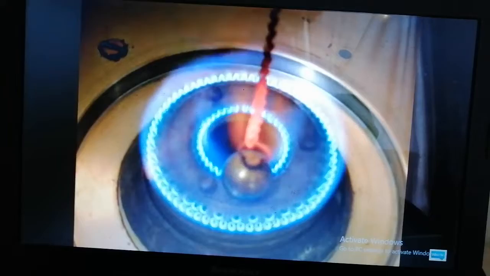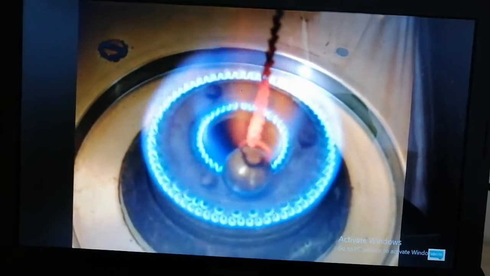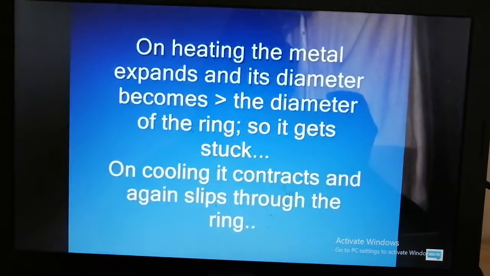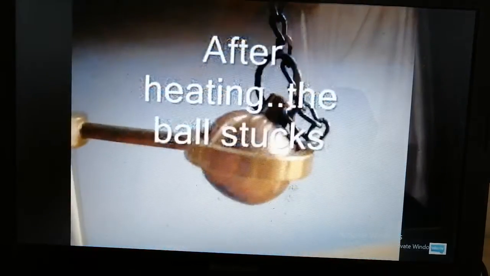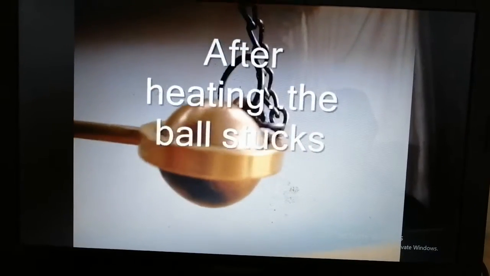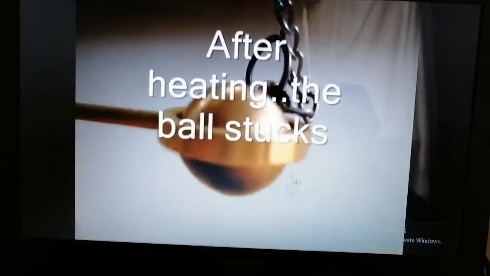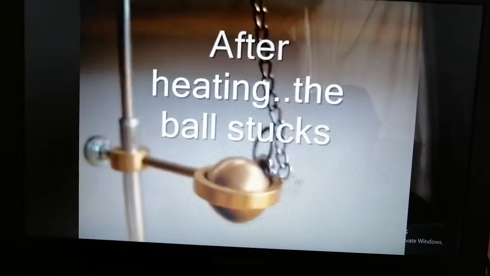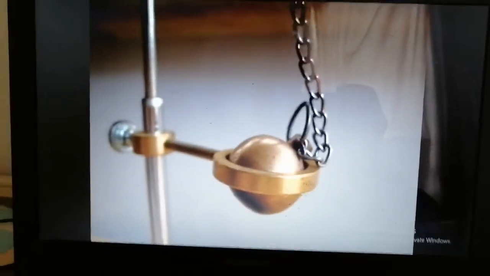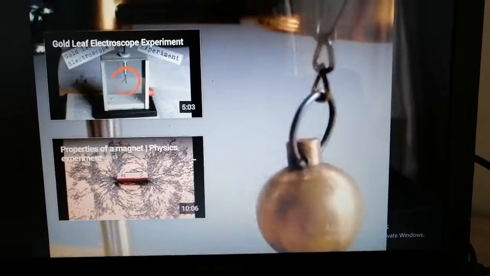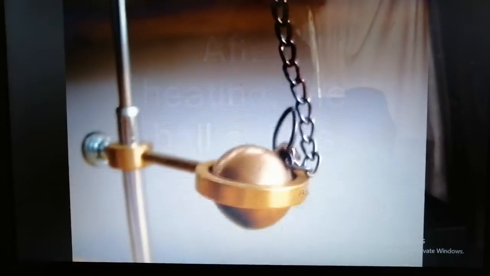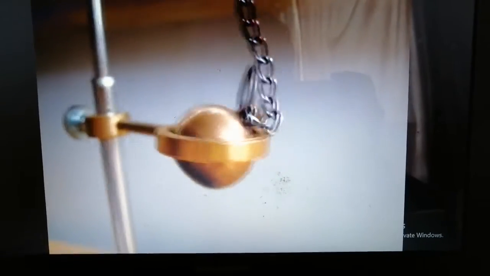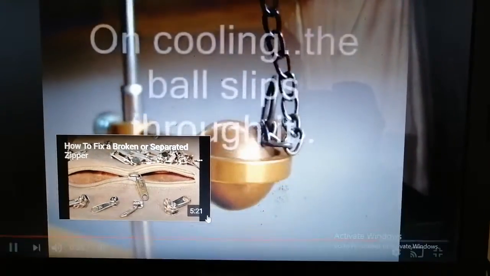When the solid gains energy, the particles expand. So what happened? It cannot pass through the ring, because the solid has already expanded. After the bulb is cooled, or you dip it into cold water, then it can pass through the ring.